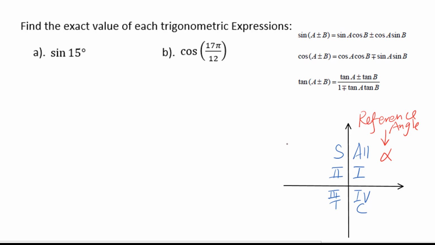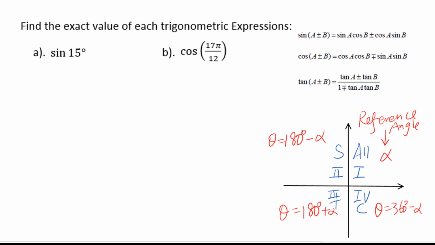The second quadrant angle, we can use 180 degrees minus alpha. Let's label this as theta. For the third quadrant, we use theta equals 180 degrees plus alpha. And the fourth quadrant angle, we use 360 degrees minus alpha.